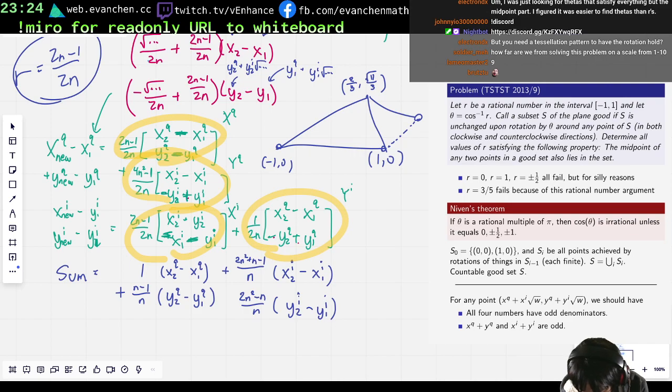Oh, no. Well, actually it's fine. We're taking mod 2, right? So when I add these numbers, no, it's not good. x2.